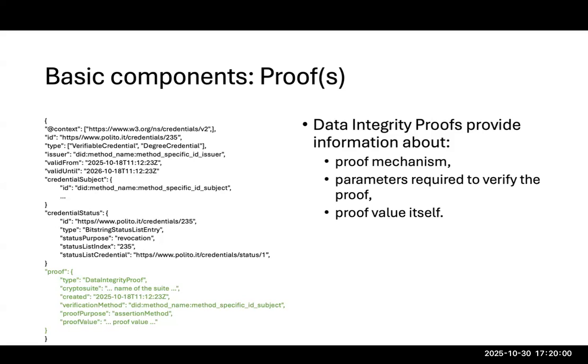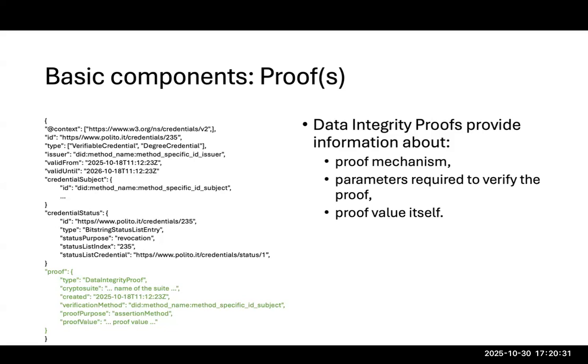Type: from version 2.0, the type is DataIntegrityProof. Full stop. Crypto suite: again, me as a verifier, I need to know how to check this proof. Please tell me the crypto suite that you used to make the signature.